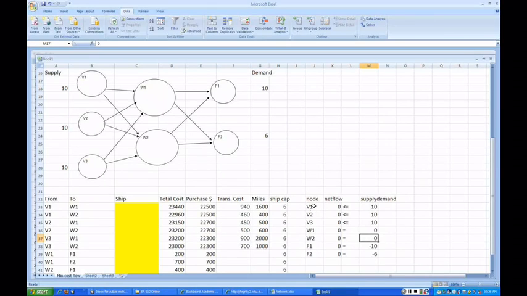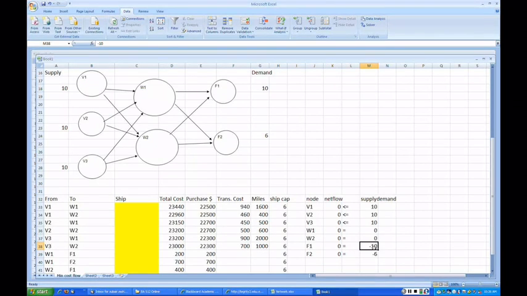Now the maximum that V1 can send is up to 10 units. That's why we have this less than or equal to 10 units, whereas when you take this factory 1, it has only material coming in, so as per our notation that is negative, so that's a negative 10. And that is an equality, because if you put that as less than or equal to, the problem will give you 0, since you want to minimize the cost, so the best is not to send any units at all. So it should be equal to, or greater than if you want to.